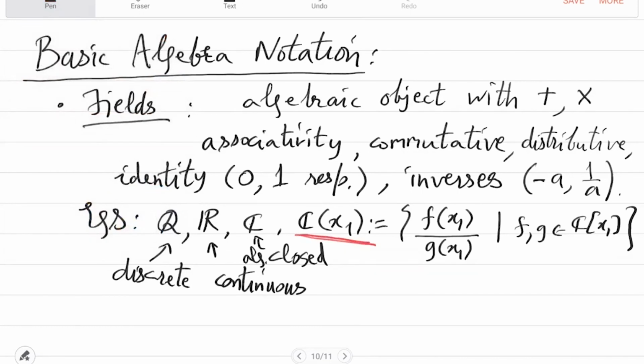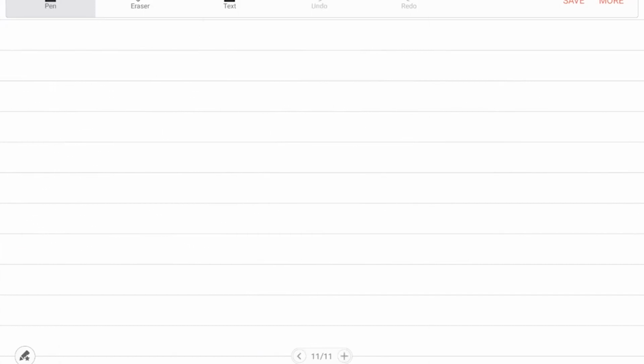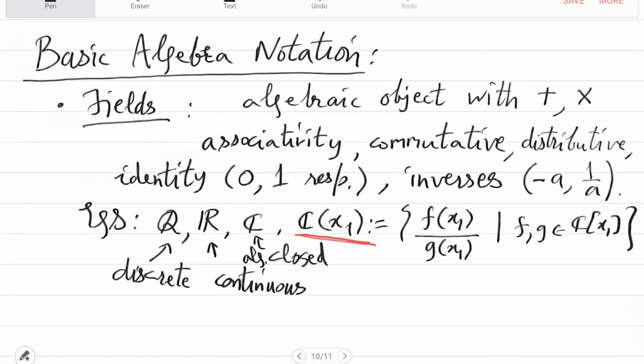So next we will continue with the examples you have seen here. All these examples, what is the characteristic of these fields? These four examples, zero, right?